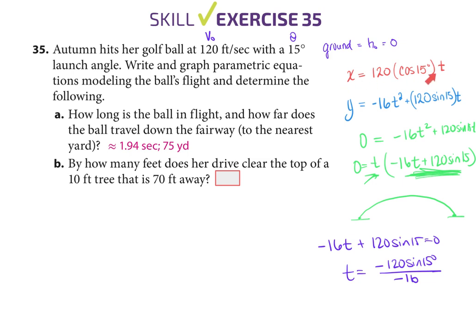So solve for your time here first, then plug your time into your height equation to see how far it was in the air at that time, at the 70-foot time. 14.44. So if you rounded to the nearest foot, you should have gotten about 13 feet, which is 3 feet above that tree.